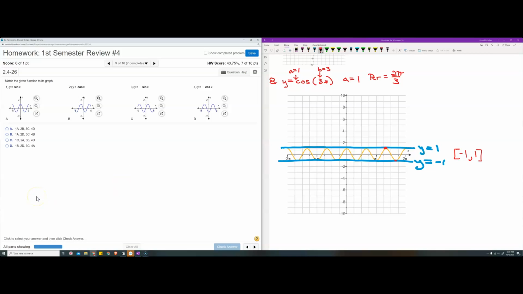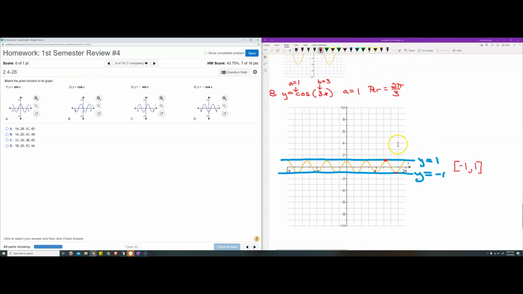All right, now I just got to match up my graphs. So let's see. That is a cosine graph.